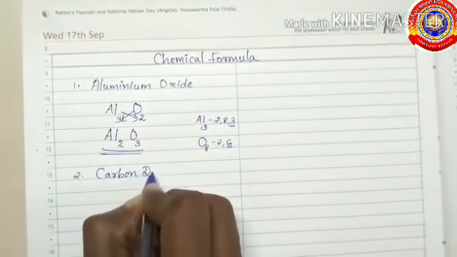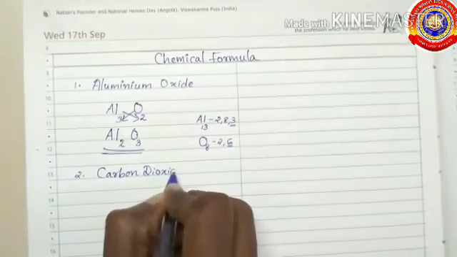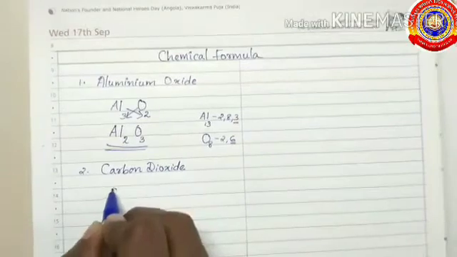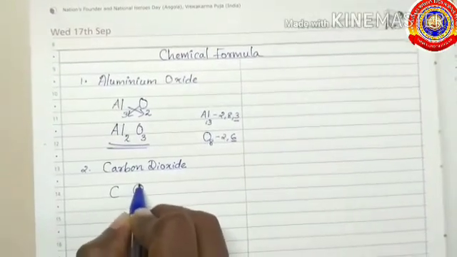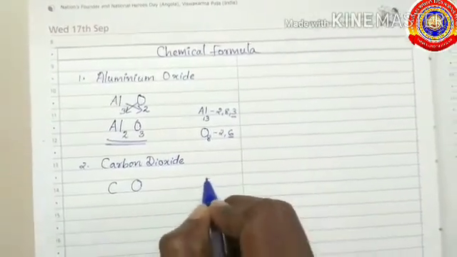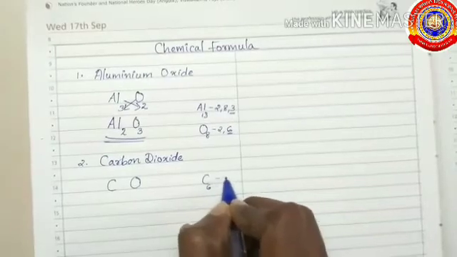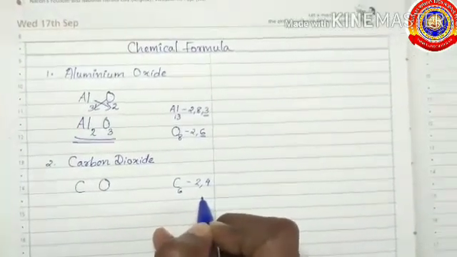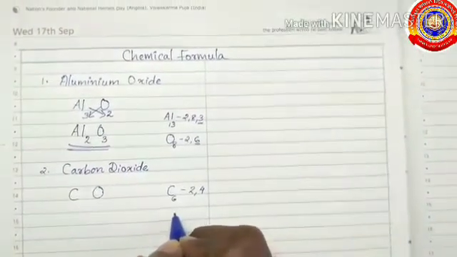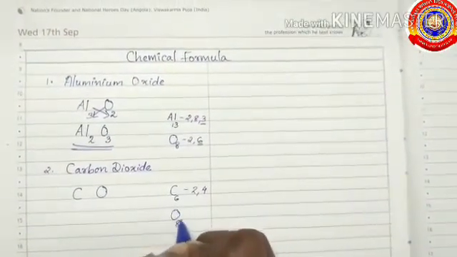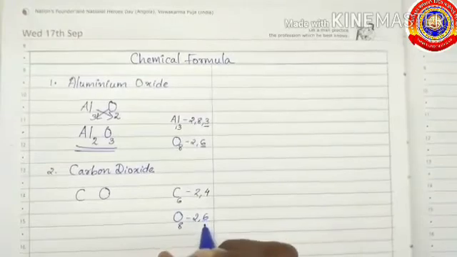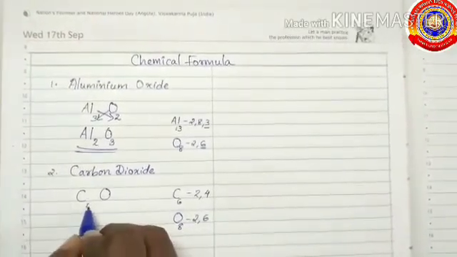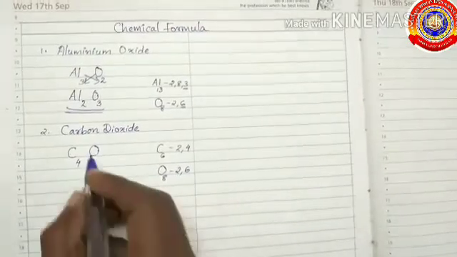Second example is carbon dioxide. What are the constituent elements present in carbon dioxide? Carbon and oxygen. So you have to find the valency of carbon and oxygen from its configuration. You don't need to write this configuration, it only helps you see how you are getting the valency. From this configuration you will get the valency and write it as a subscript.